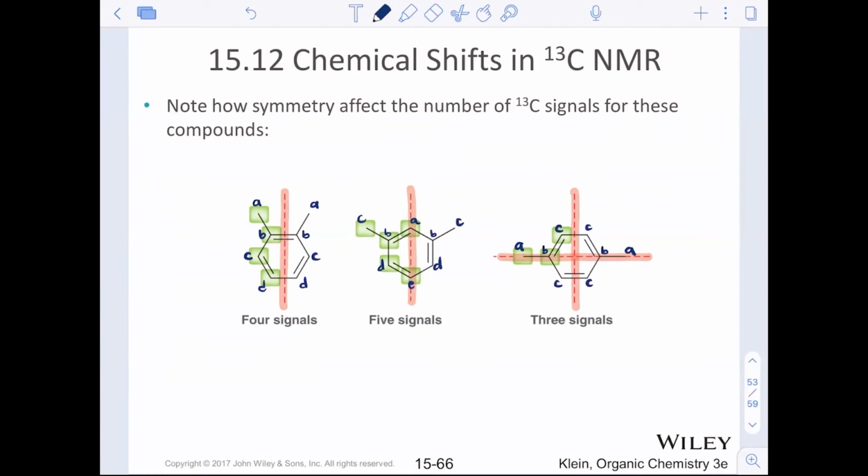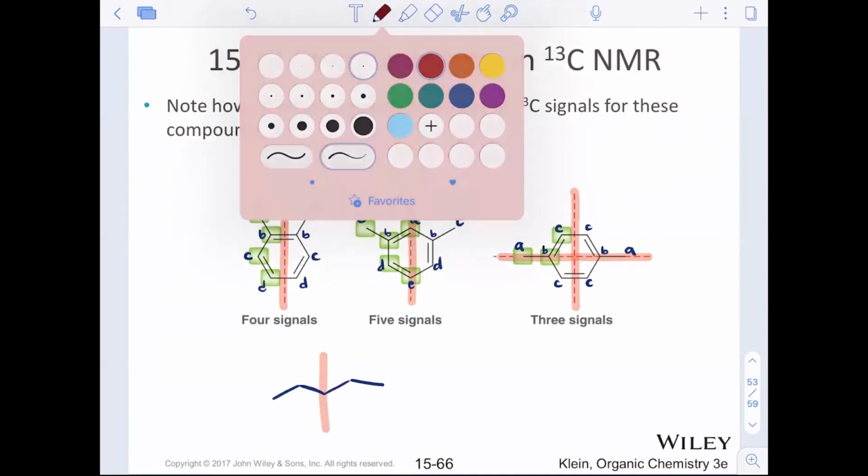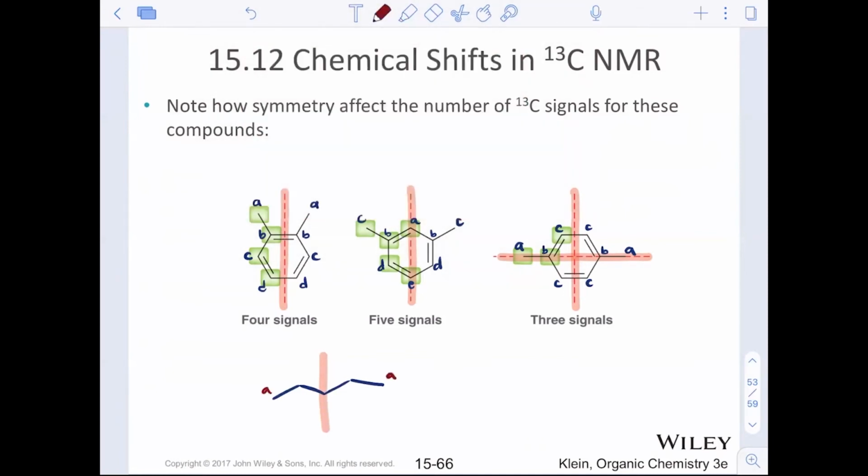So when we're thinking about structure, what's really important is to be able to find symmetry or lack thereof, right? Symmetry right here. So we can expect A, B, and C, 3 signals for something like pentane, right? Awesome.